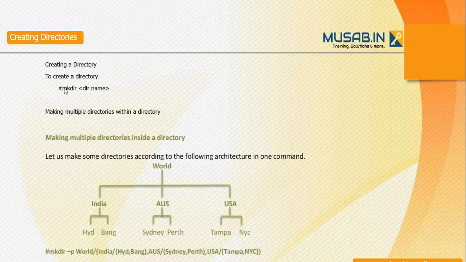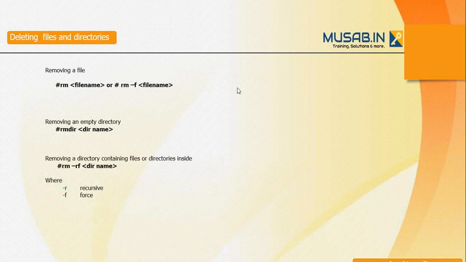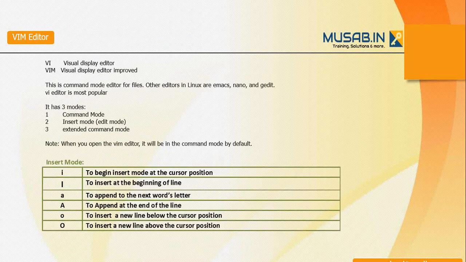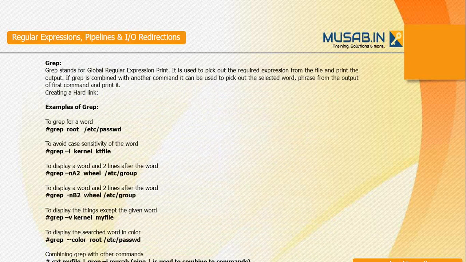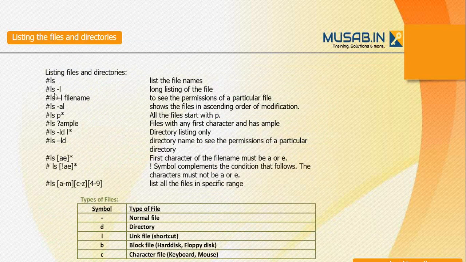To create a directory, you can run the command mkdir. To change the directory, you have the command cd. And to come back, you will use cd dot dot. Also guys, ls is the command that will list the contents of your directory. To see the long listing, ls minus l.